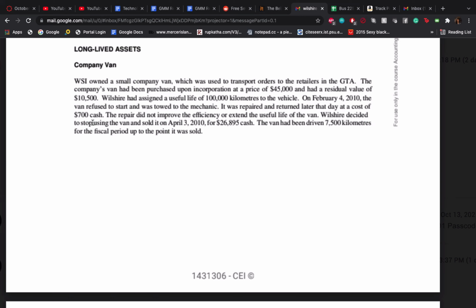Credit cash, right? And we will debit the repairs. Repairs expense, exactly. He also says that he sold the van on April 3rd for this much in cash. Van had been driven 7,500 kilometers up until the point that it was sold.